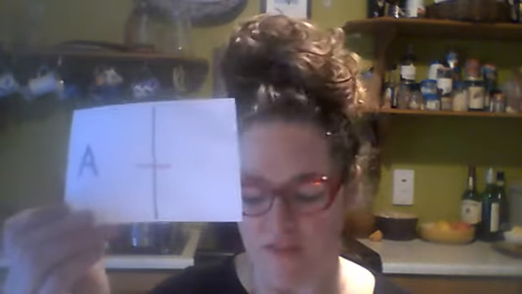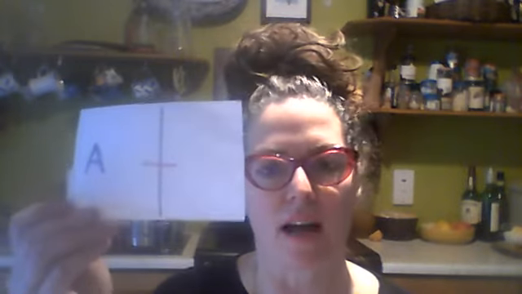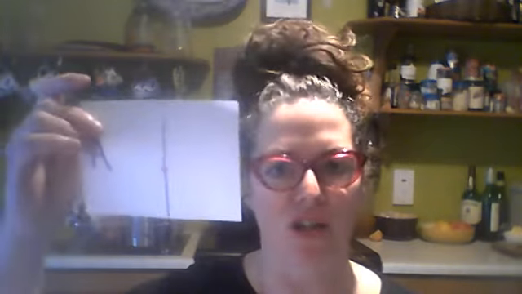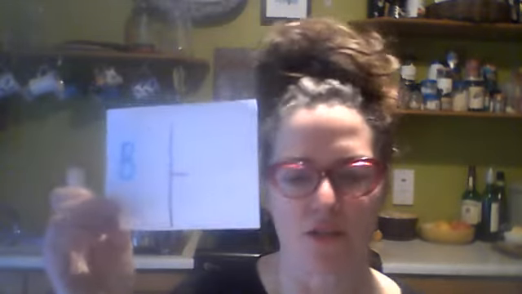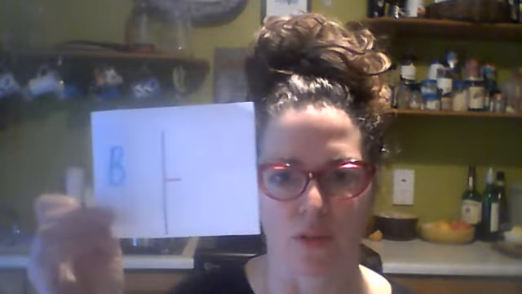So the vowels can be represented as lines or as notches. Imagine the notches were carved into the corner of the stone. B is a single line to the right.